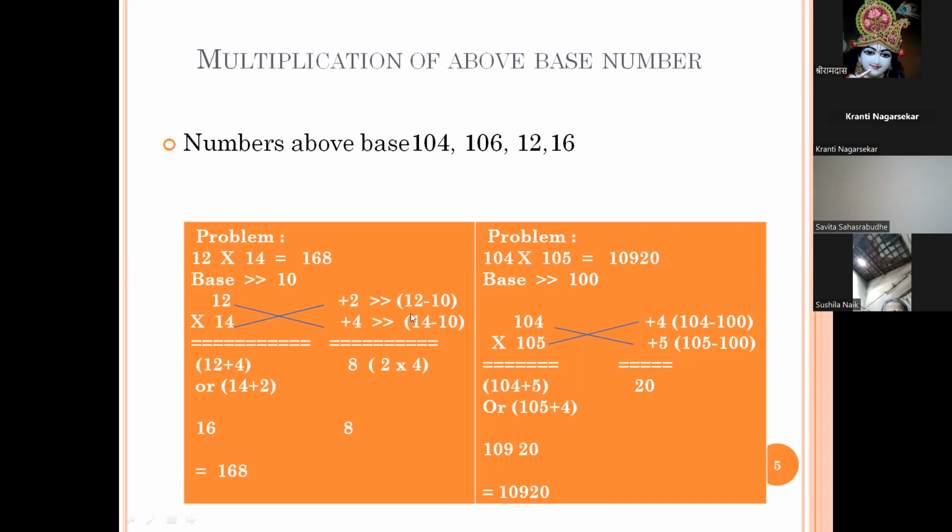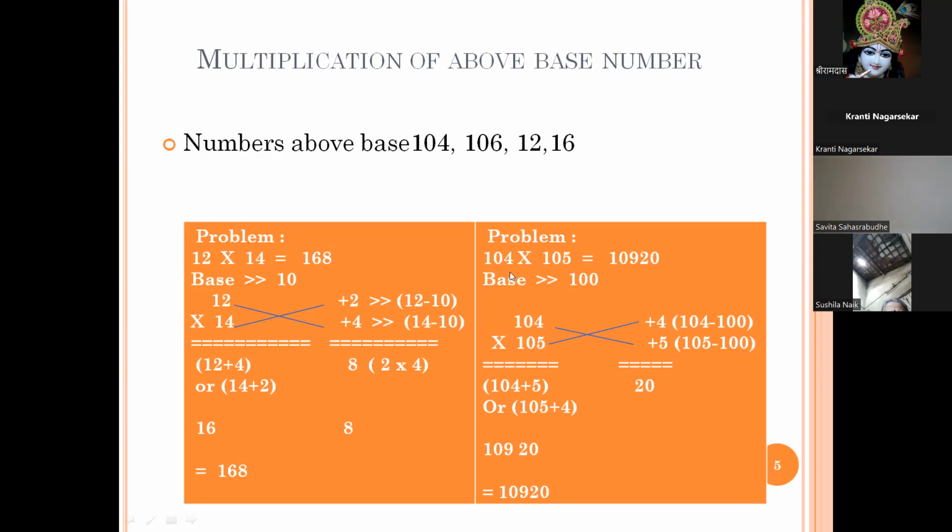The difference is that the number minus base obviously comes positive, so it becomes plus 2 and plus 4. 2 fours are 8. The sign reminds us that we need to add here: 12 plus 4 is 16, or 14 plus 2 is 16. So the answer is 168. The technique is the same.